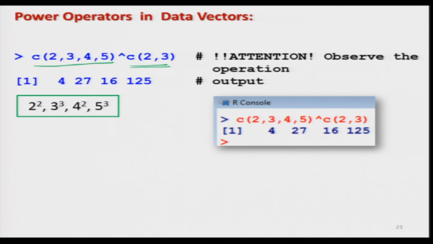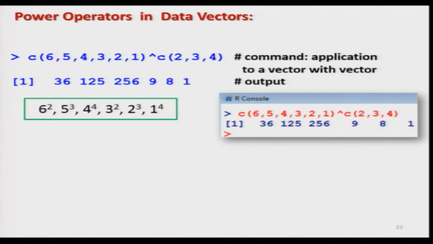So, the outcome will be that these 2 and 3 will be transported to the first data vector, and this will become 2 and 3 as a power on the first two elements, and once again 2 and 3 will be transported, and 4 and 5 will be operated by 4 square and 5 cube. So, now here is the answer 4, 27, 16, 125. Now you know how this 5 cube is obtained. You can see that it is pretty straightforward and simple.